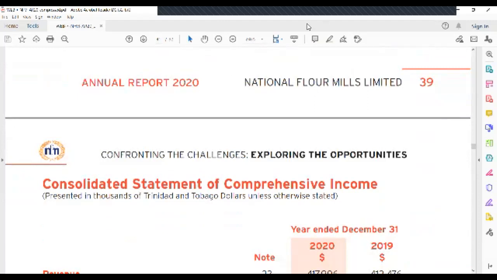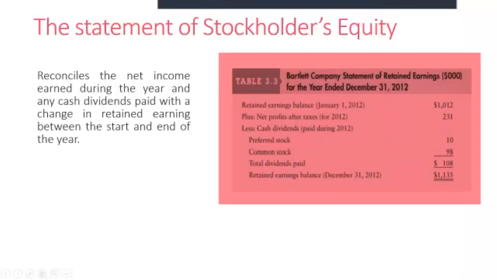Now moving back to my slide. The statement of stockholders' equity. Now this reconciles the net income earned during the year and any cash dividends paid with the change in retained earnings between the start and the end of the year. So it really says retained earnings, meaning the profit that we got from previous years that we didn't distribute to shareholders.